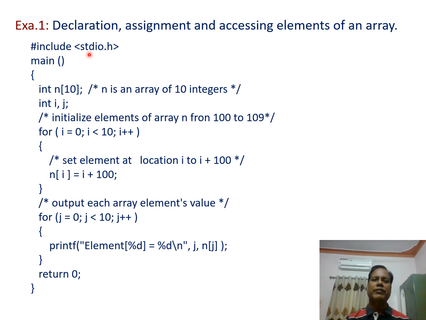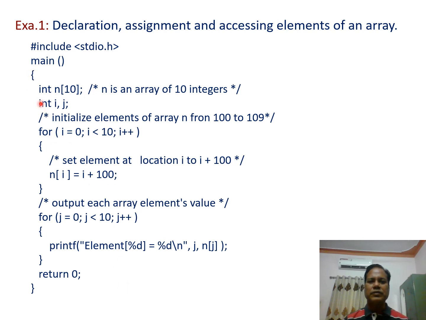This header file is included because it has library functions defined and declared that we use in our programs. Then main, open and close parenthesis, and within open and close braces we write the code.